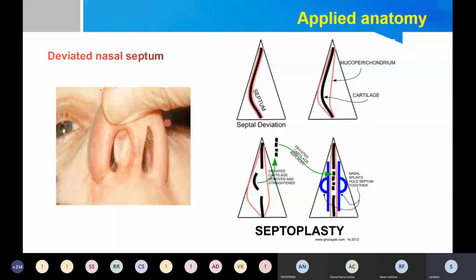Then deviated nasal septum. See, this is the normal nasal septum, which should usually be straight. When it gets deviated onto one side, the nasal cavity space is reduced in that particular area where the septum is deviated to. Say for example, it is deviated to the right side, so the space is very less here.